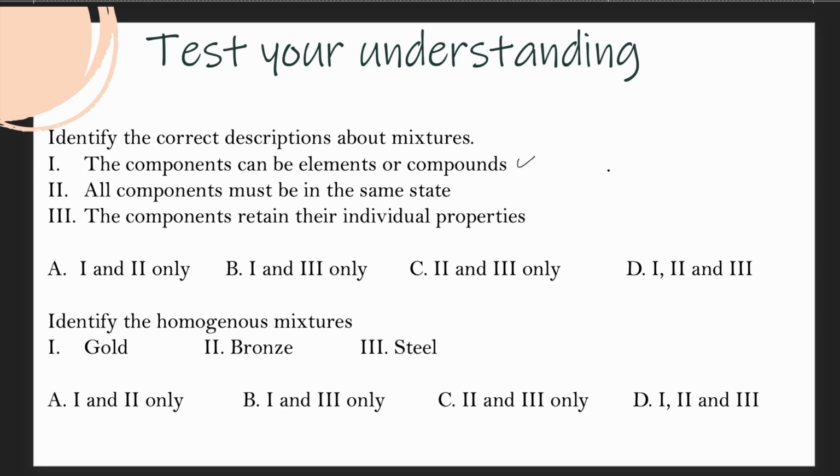Elements, when they are combined forming an alloy, it's a mixture of metals, for example stainless steel or brass. And compounds, when you dissolve NaCl in the water forming a solution. NaCl is a compound, right? And dissolved in the water forming a solution, which is a homogeneous mixture.